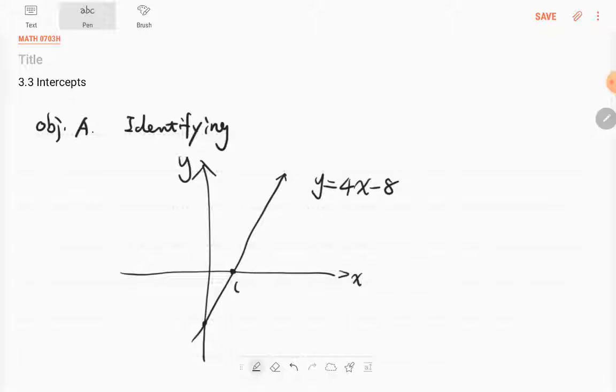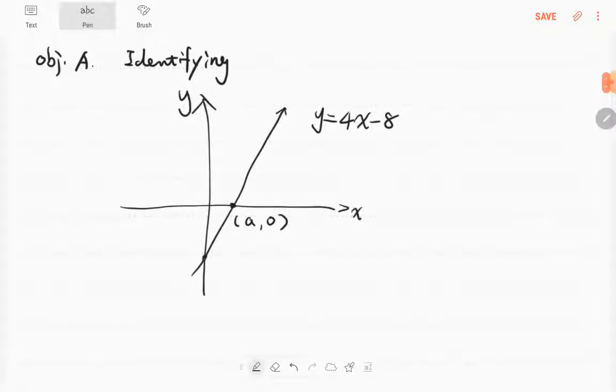If we say a is the value for the x-axis, we find that this point is right on the x-axis, which means the value for y is 0.